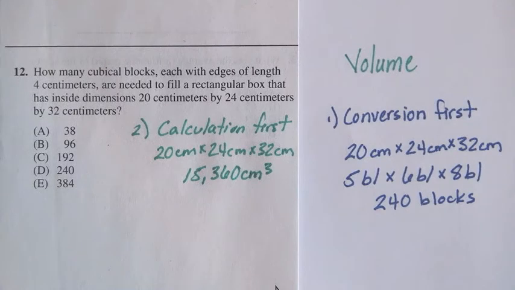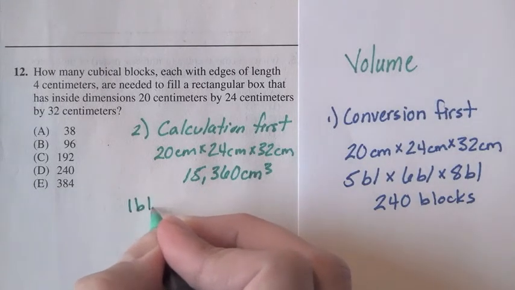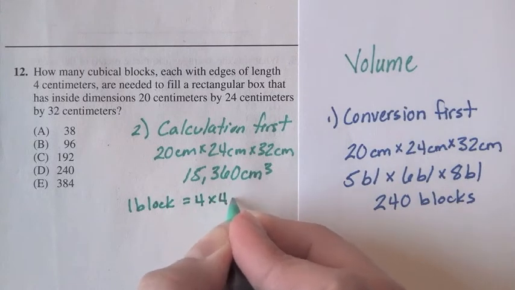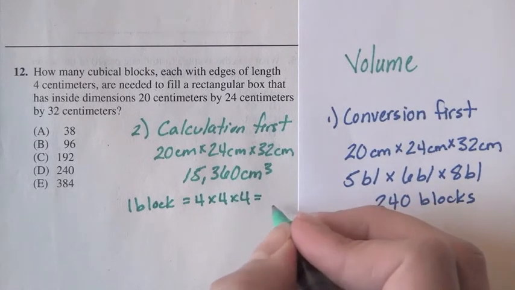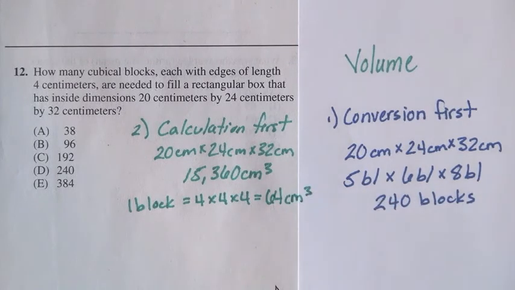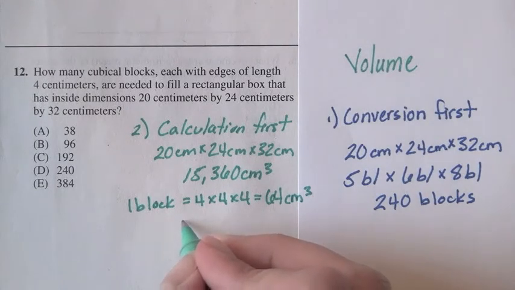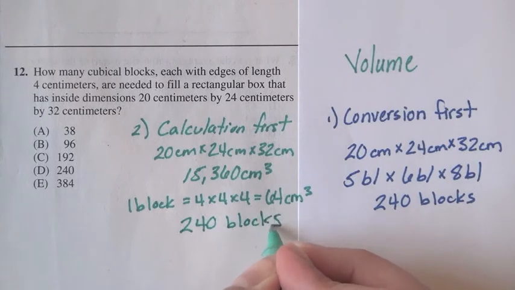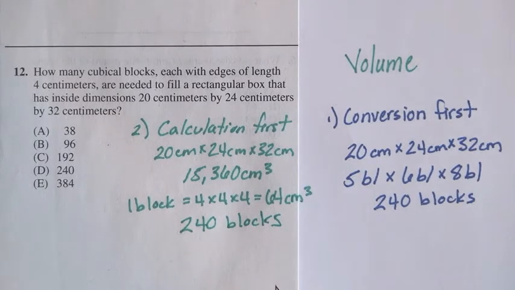Now we need to divide it by the volume of a block. One block equals 4 by 4 by 4 equals 64 cubic centimeters. So we divide them both by each other and we'll get 240 blocks.